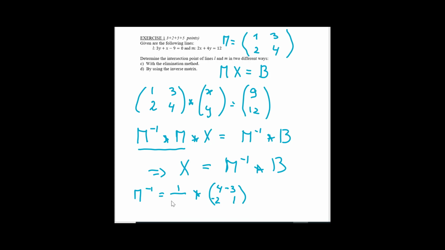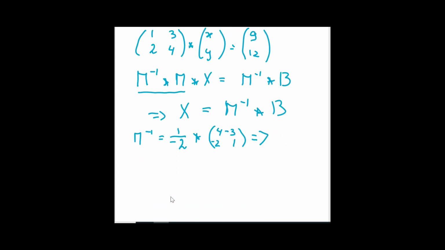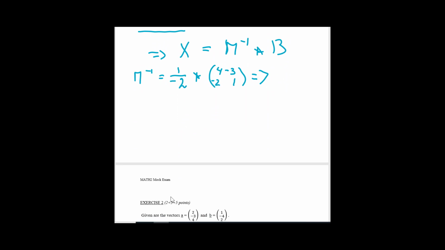So from the previous part we remember that the determinant would be -2. So if we calculate the complete formula, that would give us XY being 1 divided by -2 times 4 minus 3 minus 2, 1 times, and then 9, 12.